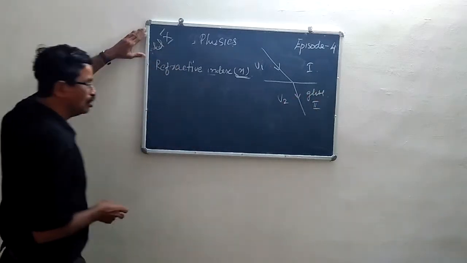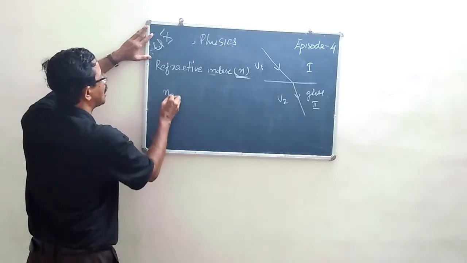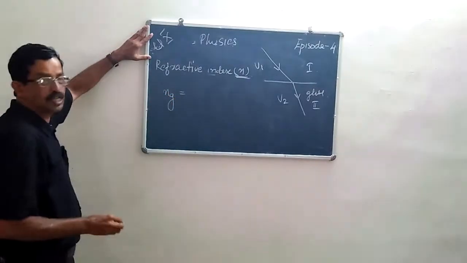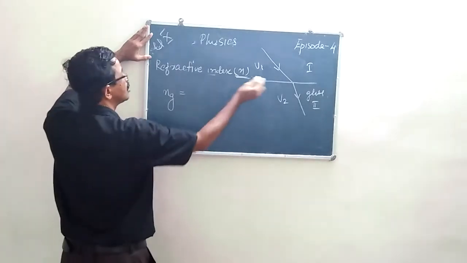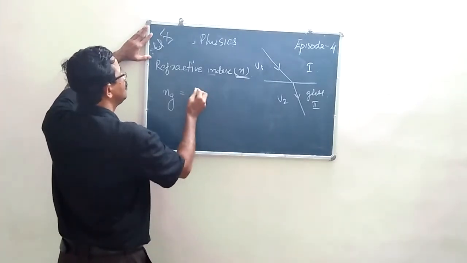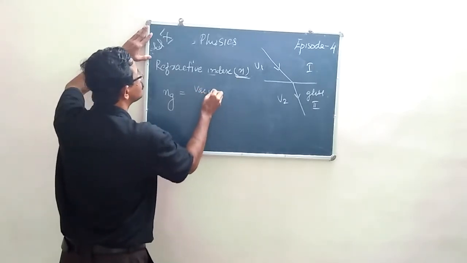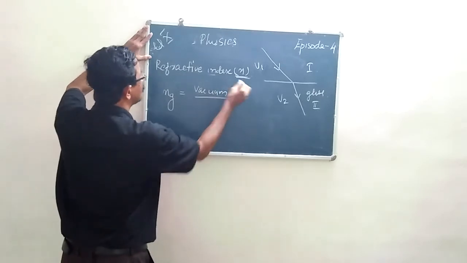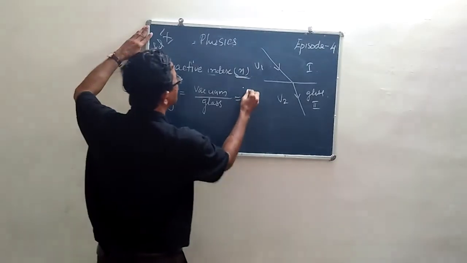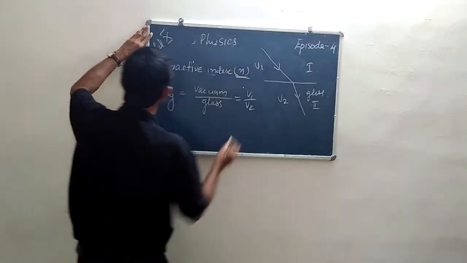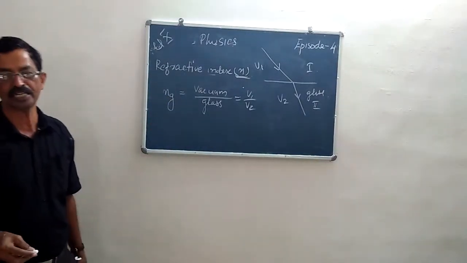Then refractive index of that medium, for example, refractive index of glass, is simply the speed of light in vacuum by speed of light in glass. Let it be v1 by v2. Here we simply say it as absolute refractive index.